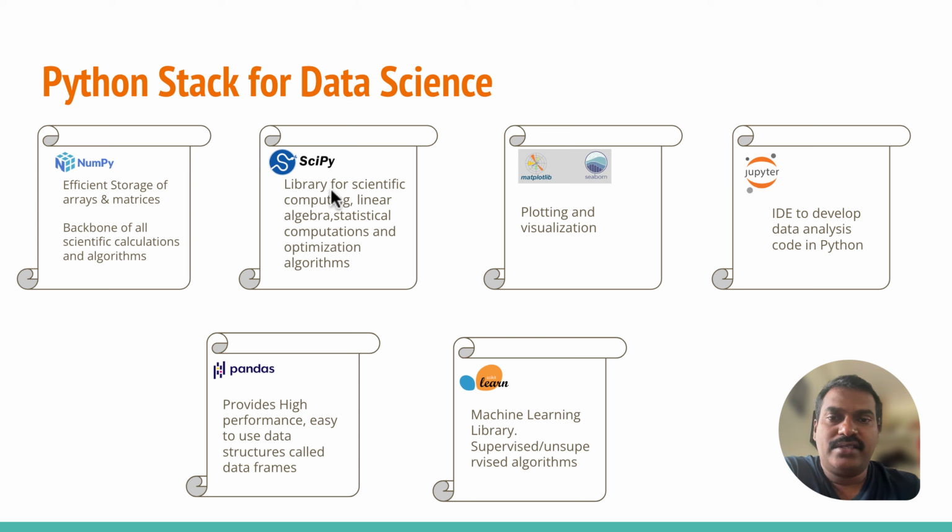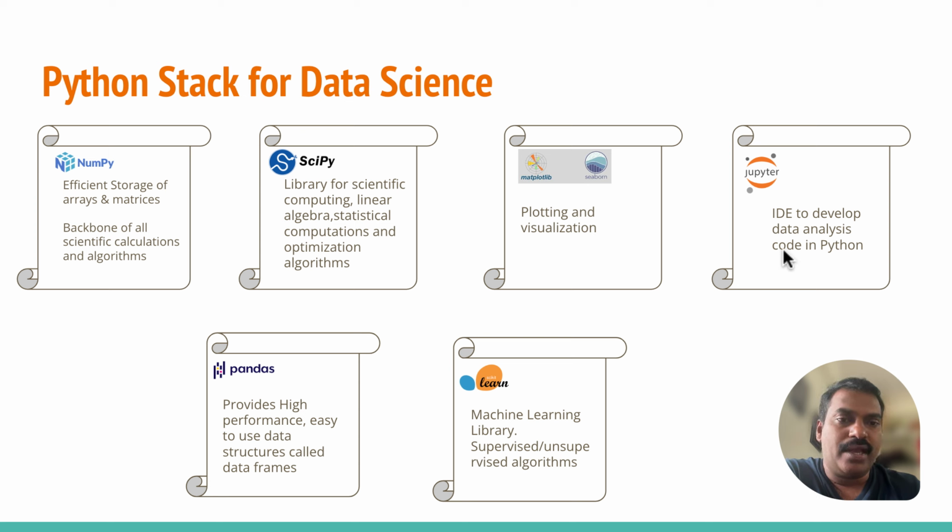And there is the SciPy library, especially for scientific computing, linear algebra, statistical computation, and optimization algorithms. If you want to perform these things, you have to use the SciPy library in your Python coding. And you use matplotlib and Seaborn if you want to do plotting and visualization. These two libraries are going to help.